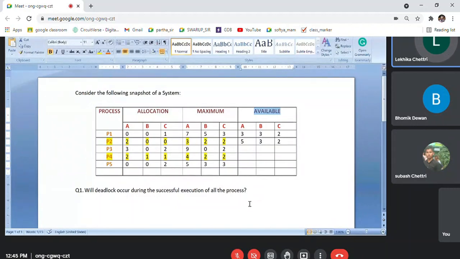You will compare again: if the maximum of P2 is less than or equal to available, if yes, go inside the block, else go to P3, like that. Okay, so that's the safety algorithm. You can study it on your own. I am teaching you the numerical here. So after this, the question here that may be asked in the exam is question 2.